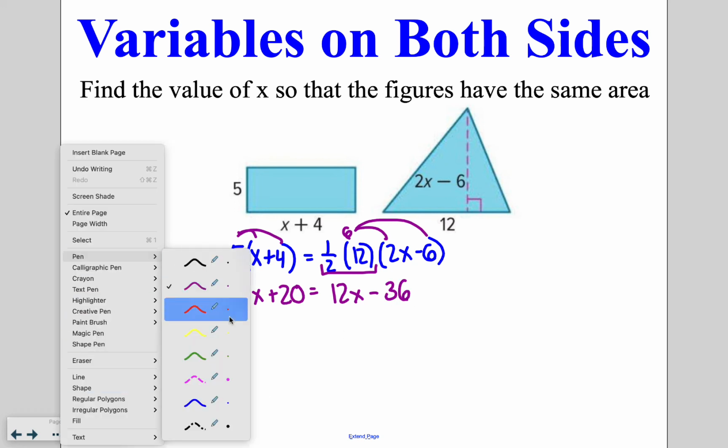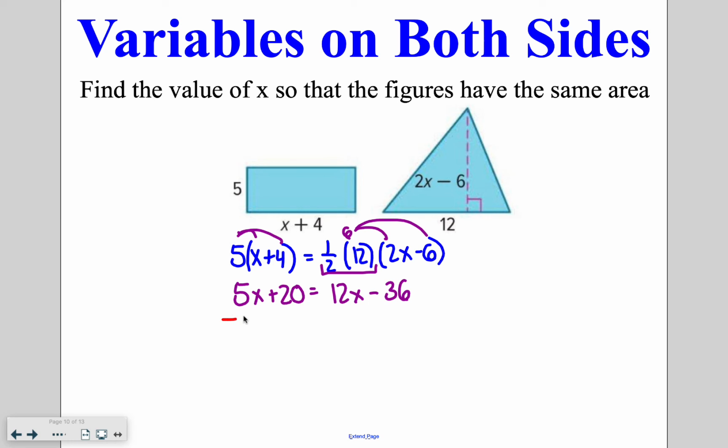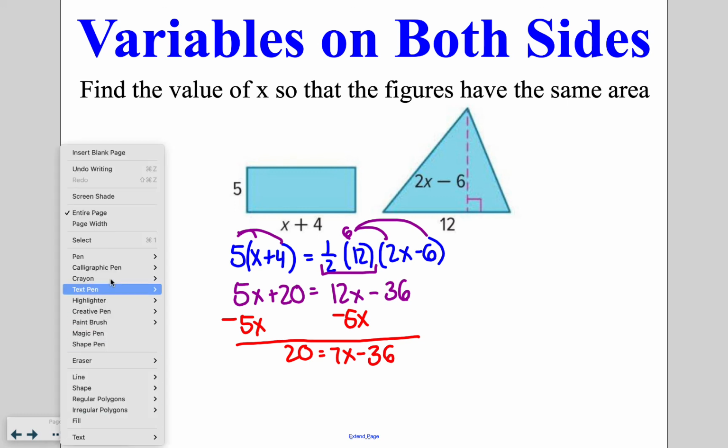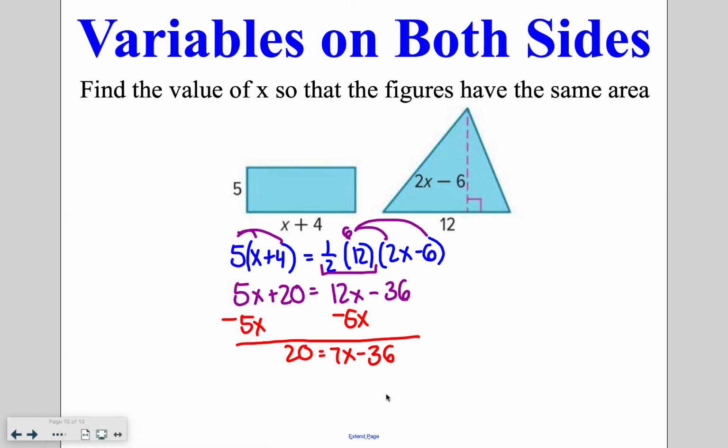Then I'm going to go ahead and combine my variables by subtracting 5x on both sides of the problem. So my problem now reads 20 is equal to 7x minus 36. Going on to the next step, I'm going to add 36 to both sides of my problem, which is going to give me 56 is equal to 7x.